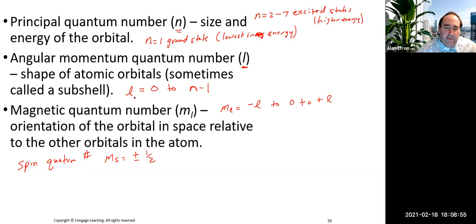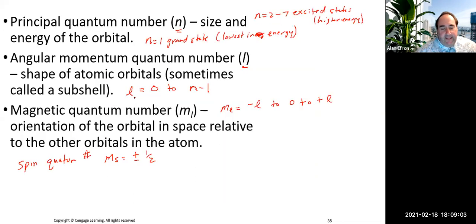What it really talks about is that when you put electrons in these orbitals, an orbital can only hold 2 electrons. By the rule here, when the first electron goes into the orbital, it always goes in pointing upwards.